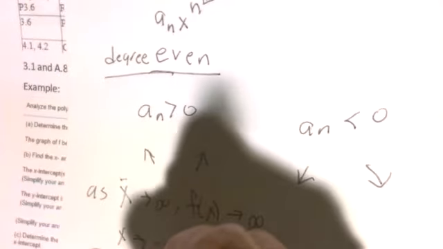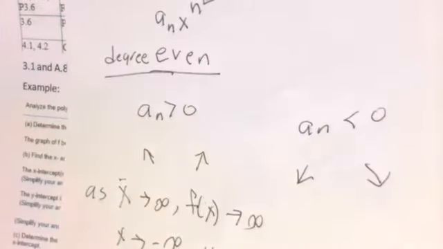So another way to say this is, as x goes to infinity, f of x goes to infinity. And remember, as x goes to negative infinity, f of x is going to infinity. I'm not going to reteach the whole thing, but remember how that goes.